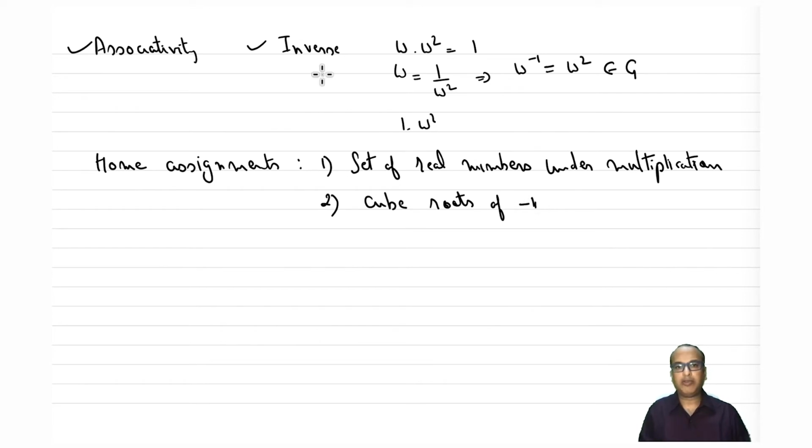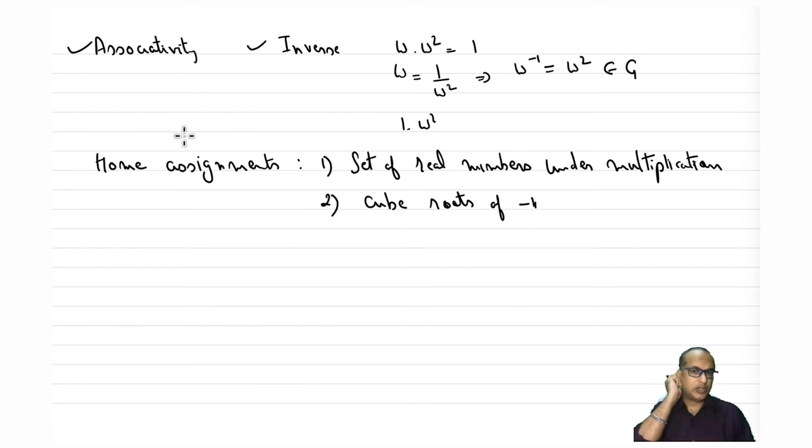We have done it for +1, you can do it for -1. I think these two examples will be sufficient for you to understand how the four properties are used to define a particular set, whether that particular set will be called a group or not.